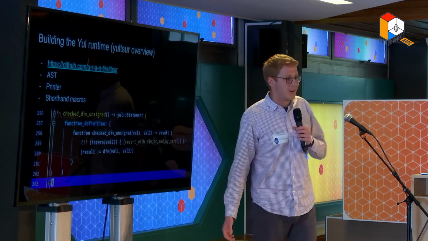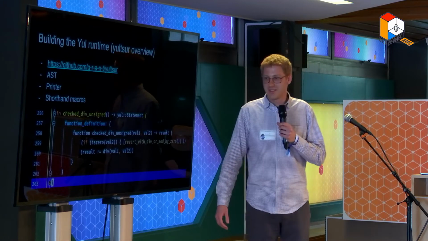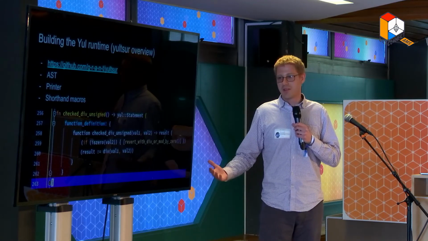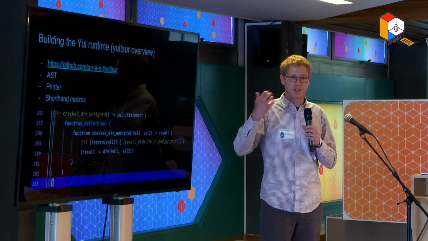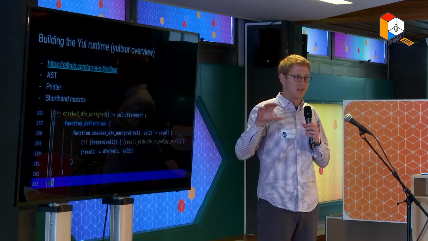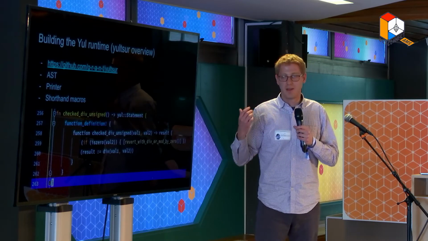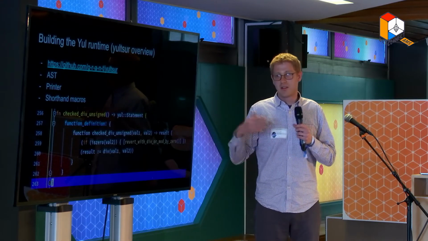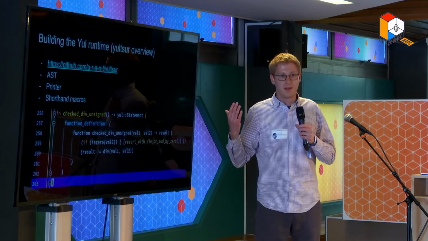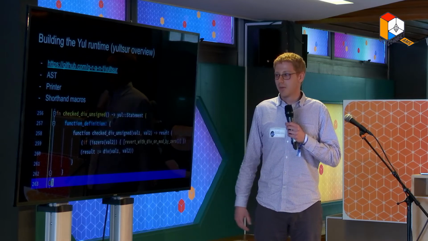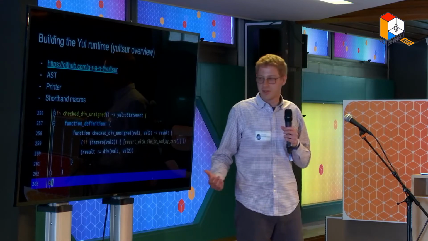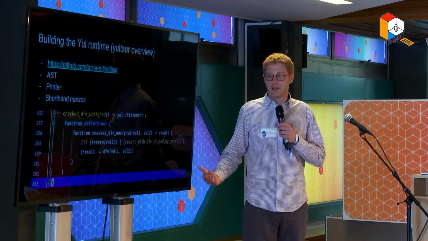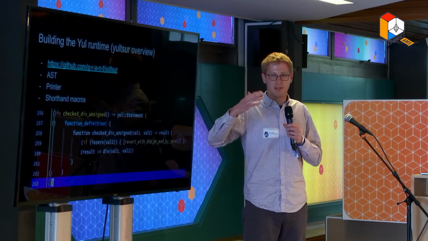Okay, cool. A declarative macro is just a feature in Rust where you're able to define an expansion on some tokens. You match a set of tokens and then you expand them, and you use it to simplify the code you're writing. So what we've done here in Yultsur is define declarative macros for every AST node type.